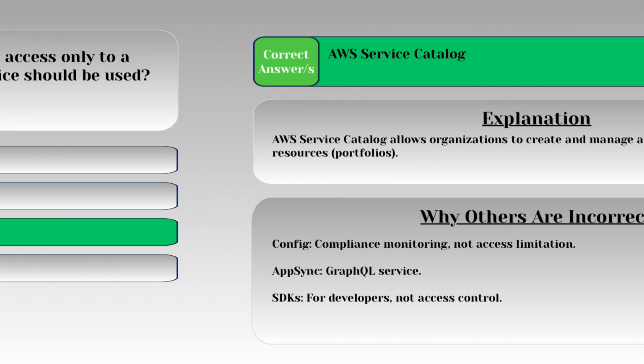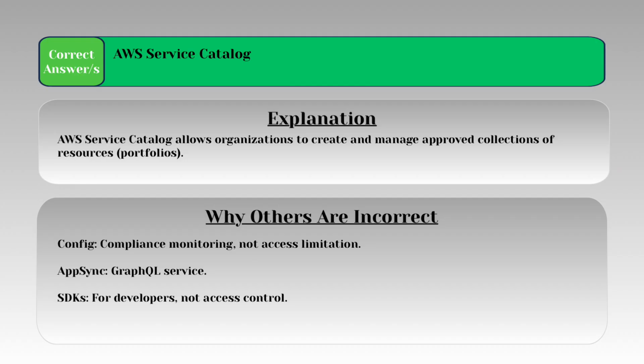Explanation. AWS Service Catalog allows organizations to create and manage approved collections of resources, portfolios. Why others are incorrect? Config, compliance monitoring, not access limitation. AppSync, GraphQL service. SDKs, for developers, not access control.